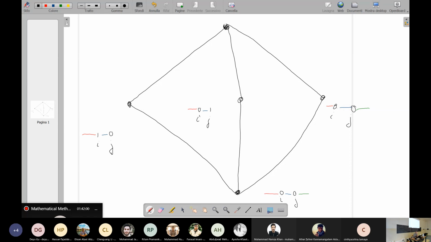In position K, we have 0 here, and we have 1 here. And here we must have 0.